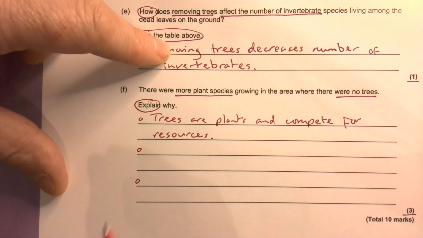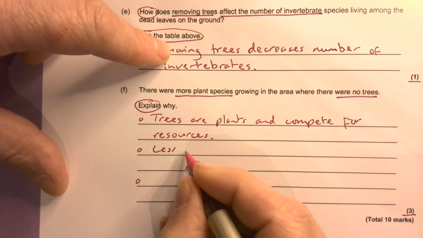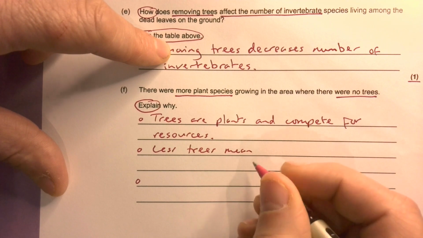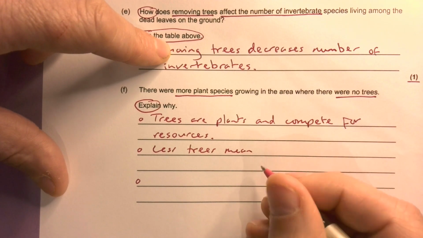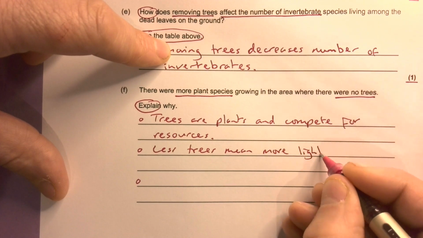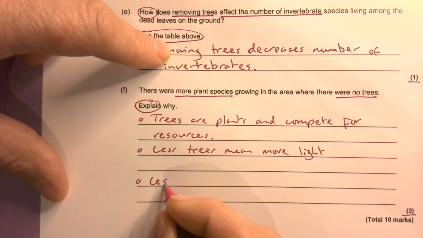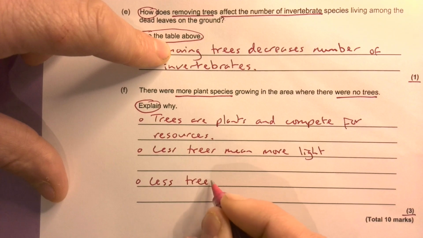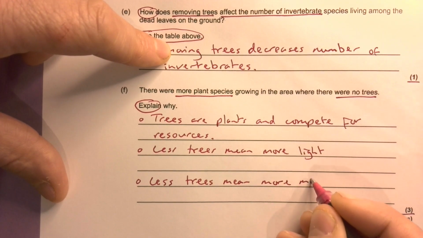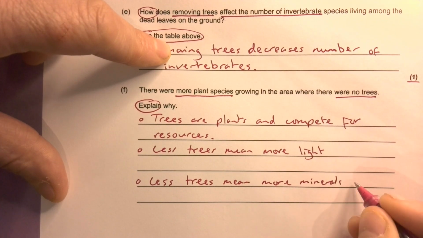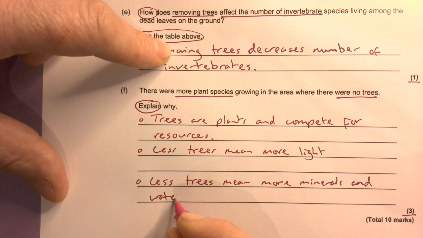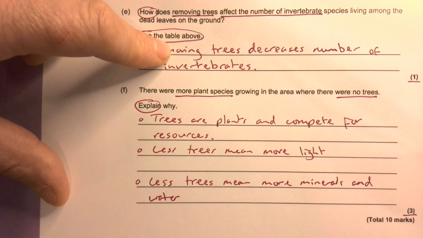So what that means is less trees mean more light. Less trees mean more minerals and water as well.